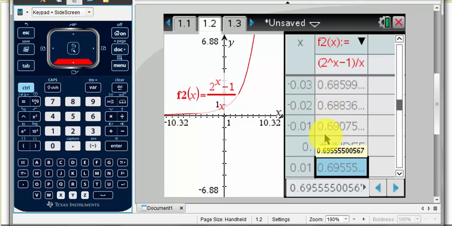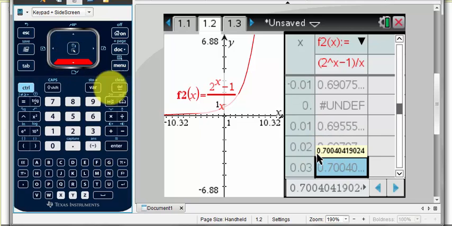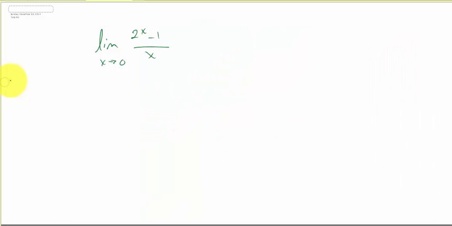Well, it looks like it's getting closer and closer and closer to, can't say 0.7 because, well, 0.7 is down here further. But it looks like it might be getting closer and closer to 0.69. And for now, all we're doing is looking at this from a graphical point of view. So we could say that this is equal to 0.69.